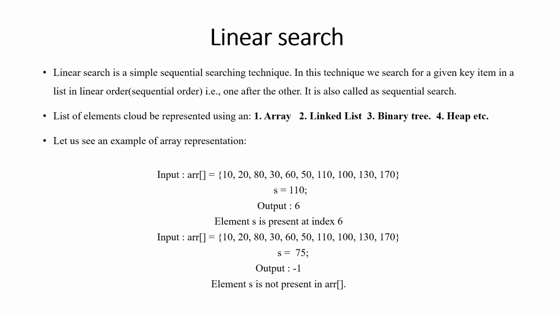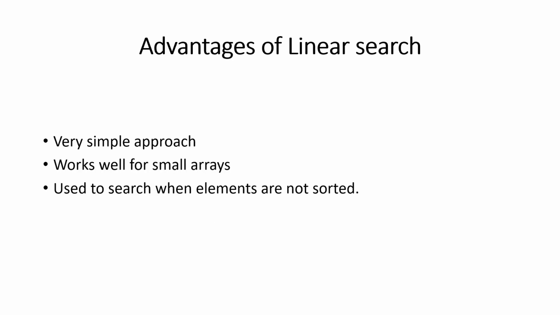So it returns -1, meaning the element is not present in the array. Next, you can study the program explanation. In the next video I will show you how the program executes for linear search.